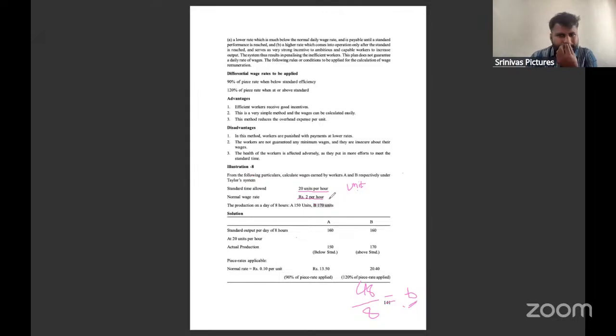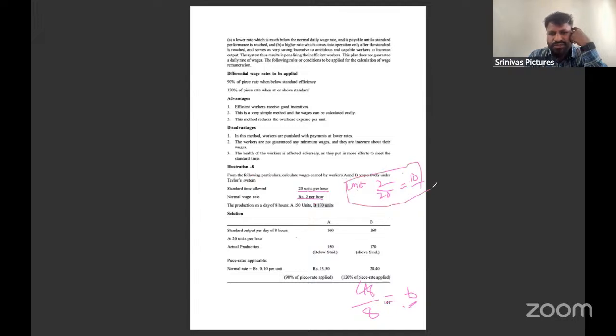Per unit is how much? 2 rupees divided by 20 units, that is 10 paise per unit we are going to give. This is the per unit cost.